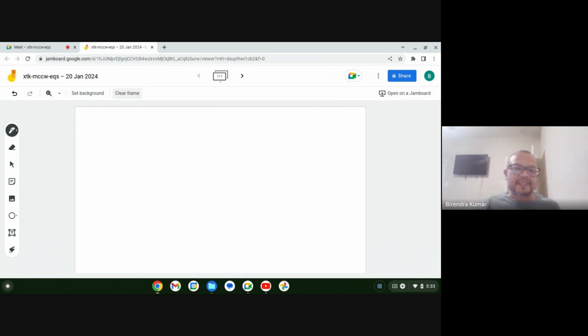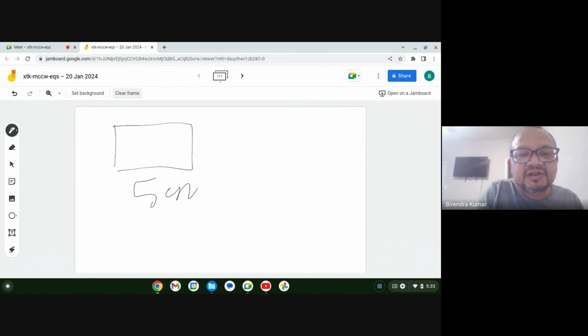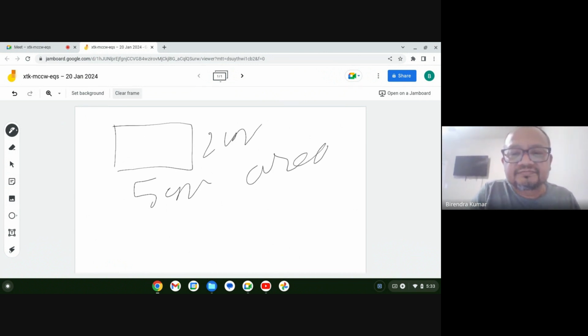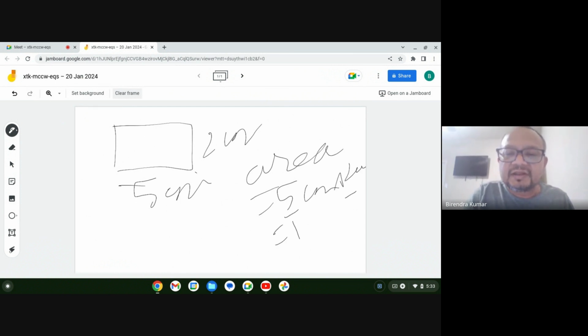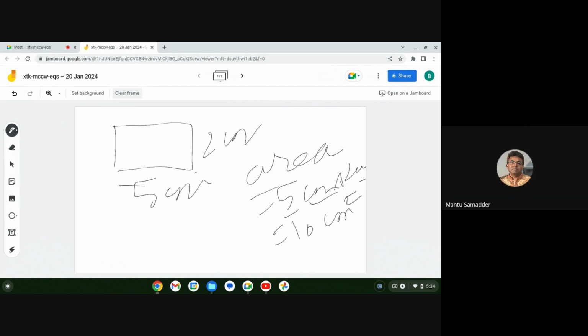Now, so far we have learned about the area and perimeter for rectangle and square, and how to derive the formula. So tomorrow, if somebody says you have a rectangle with length 5 centimeters and width 2 centimeters, find out the area. Very easy. Area is length into width, so 5 centimeters into 2 centimeters, that becomes 10 centimeter square.